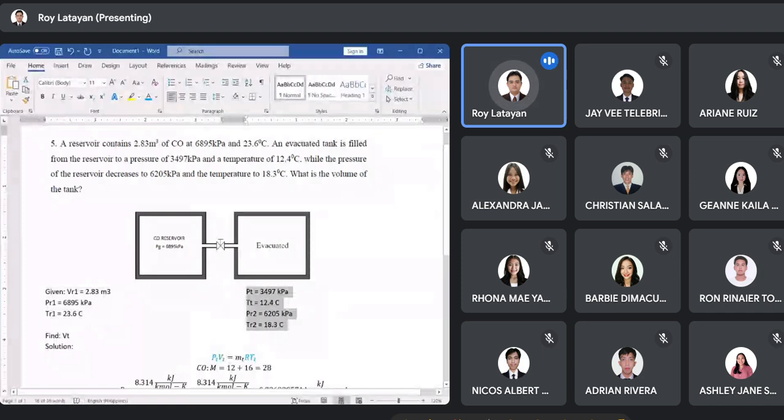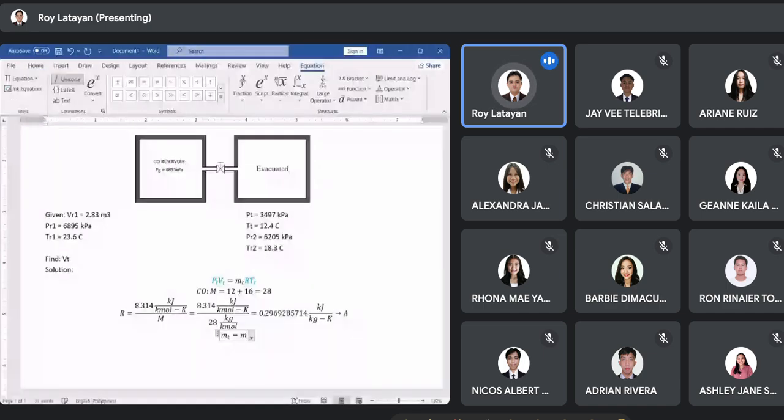Since binuksan mo siya, yung total mass ng system remains the same. Yung mass lang dito is lilipat dito. So, yung ating mass ng tank is yung initial mass ng reservoir minus final mass ng reservoir.